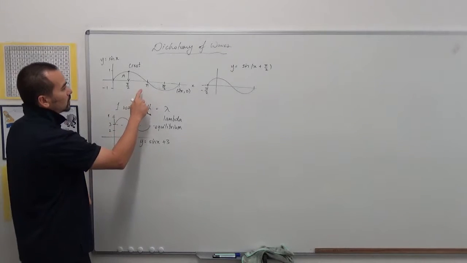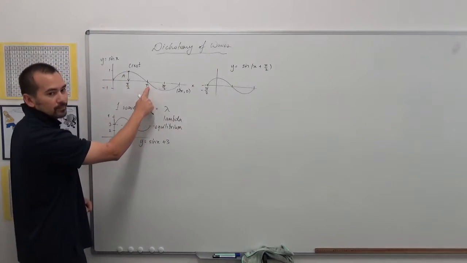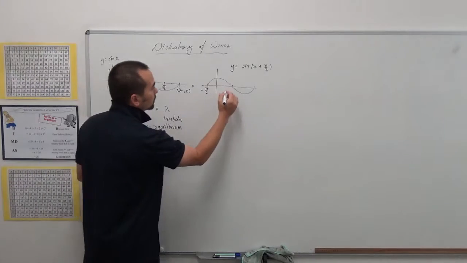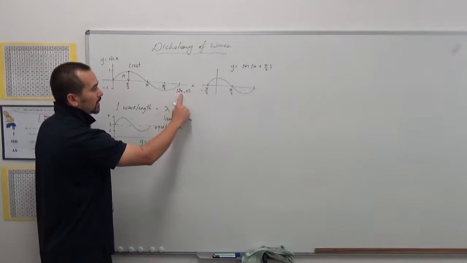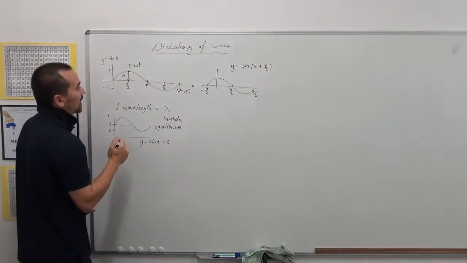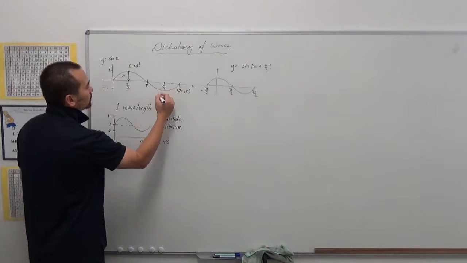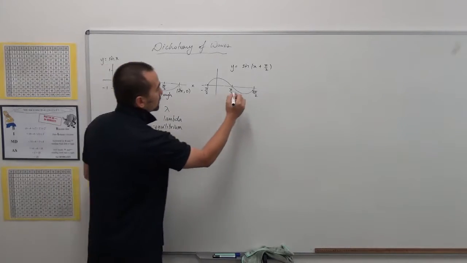So this one used to be at pi, but it's now over here at pi on 2. That one used to be 2 pi, it's now at 3 pi on 2. And the trough was at 3 pi on 2, it's now at pi.